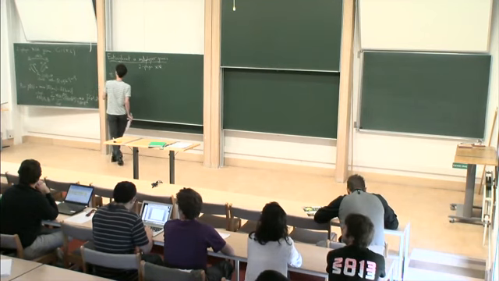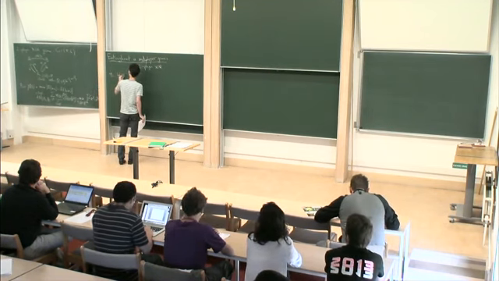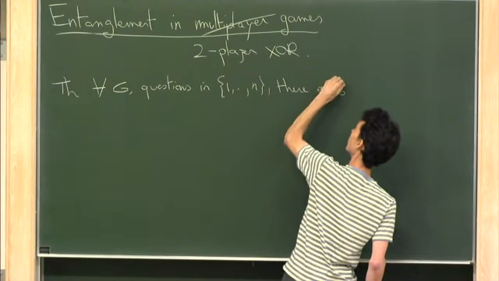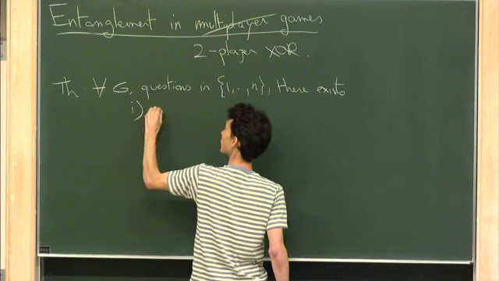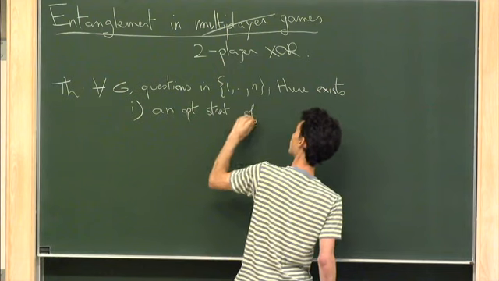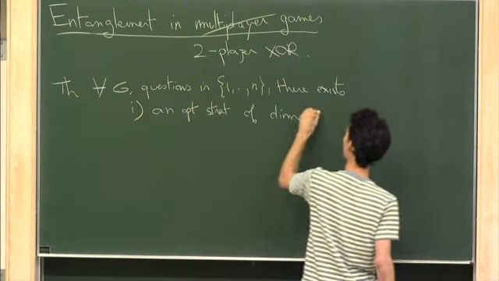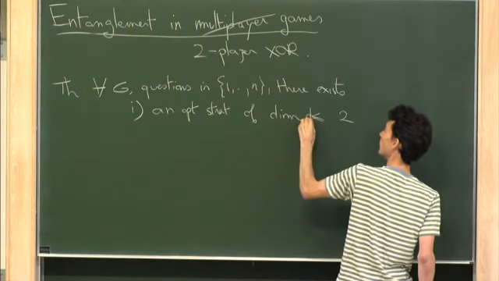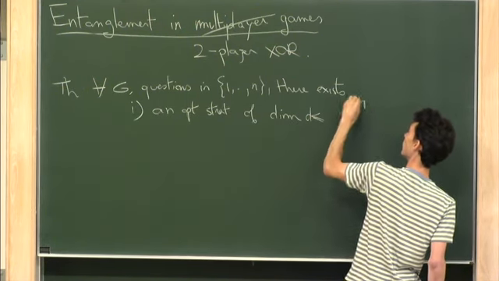So this is what we saw yesterday. For every two-player XOR game G that has questions between 1 and n, we saw two things actually. First of all, there exists an optimal strategy of dimension at most, so this D parameter, at most 2 to the root n.